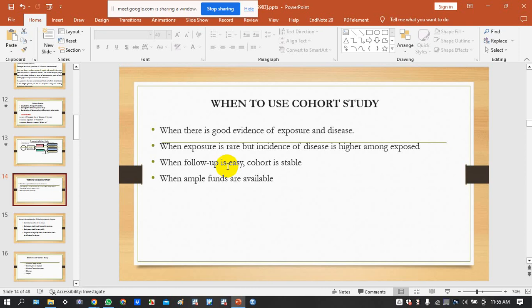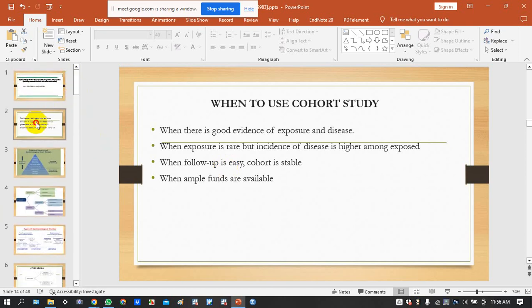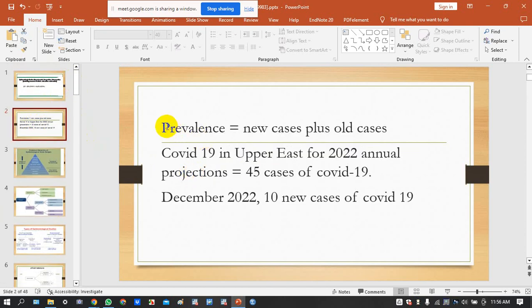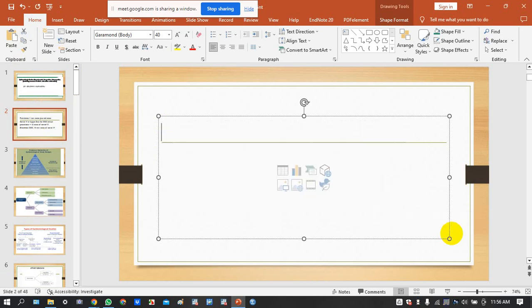But if you have a cohort of people you are working with who are stable, then you will not get any losses to follow up. Losses to follow up is very important. It is one of the problems we have in research. If you are following a person up, then you realize the person has gotten a job somewhere.